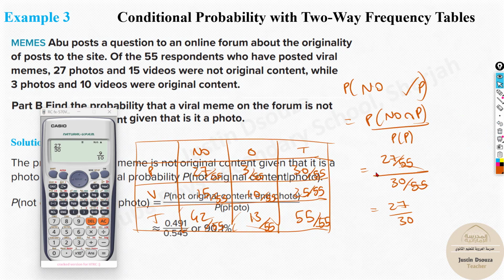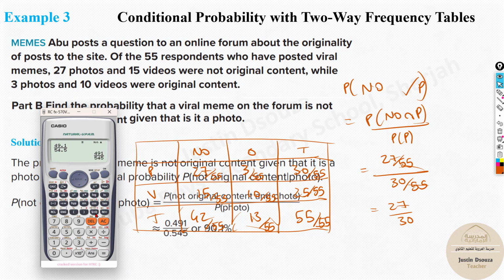Yeah, it's 90.1. See, you realize why it's this? Because they have taken 27 by 55 as percent. So over here, if I take this 27 divided by 55, I'm not going to take the entire value, I'm just going to take 49.1. And the same thing below, they have taken 54.5%.